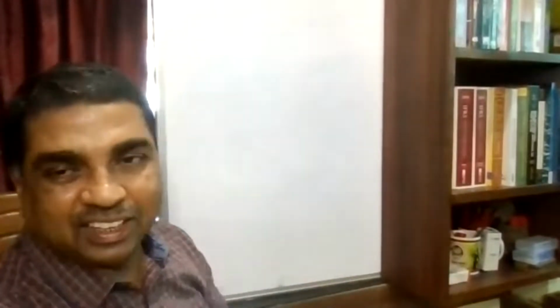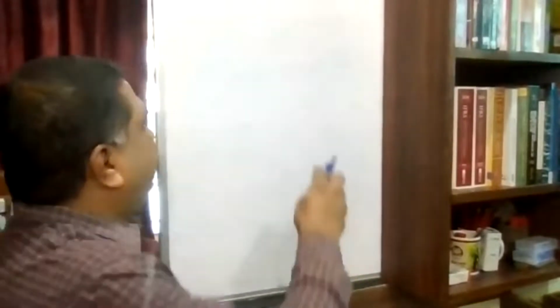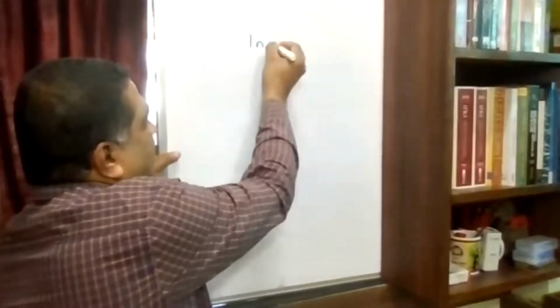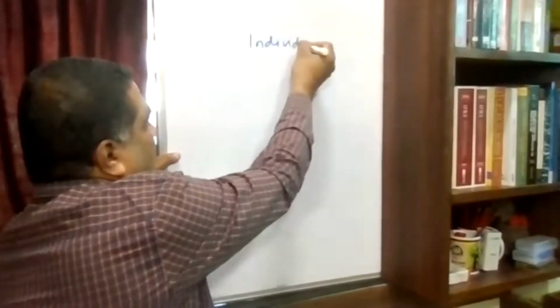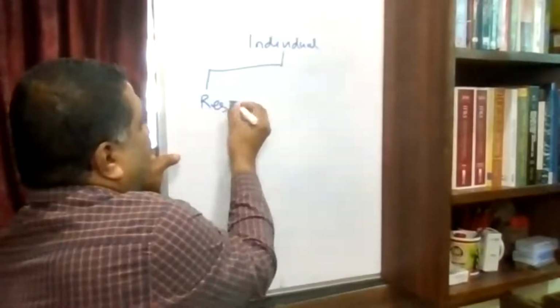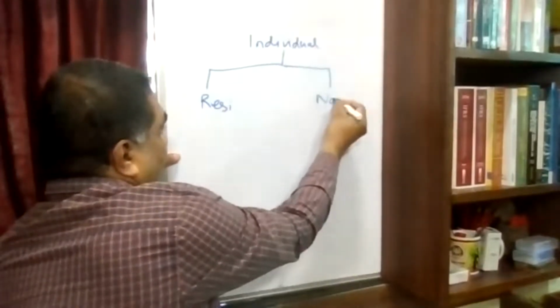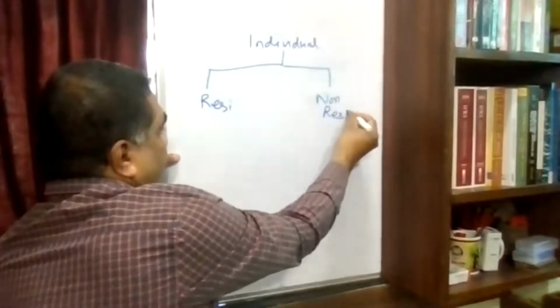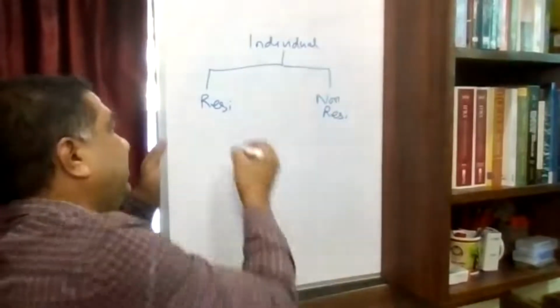Friends, try to understand. First, you have to see whether that person is resident or not. If he is a non-resident, then you need not apply the additional condition, because an individual can either be resident or non-resident.